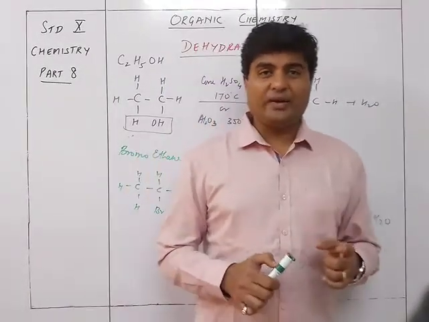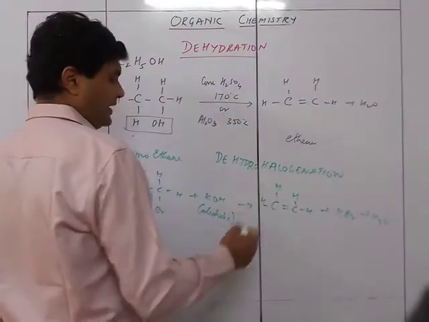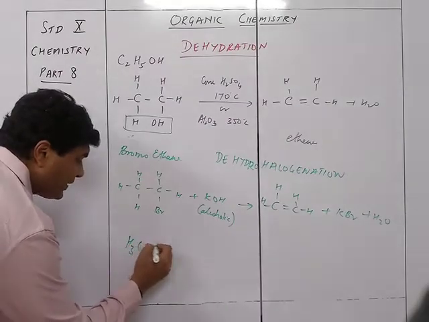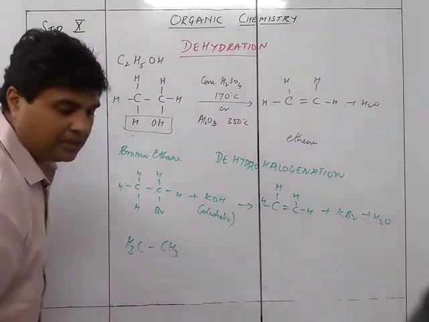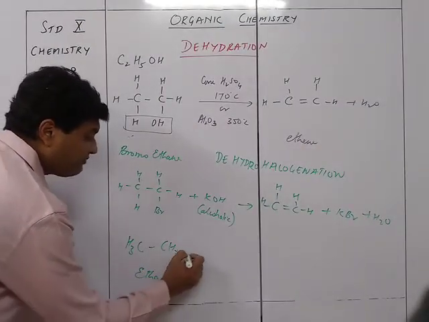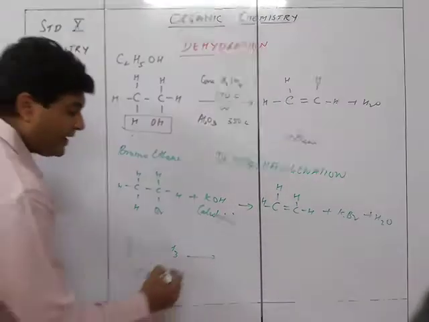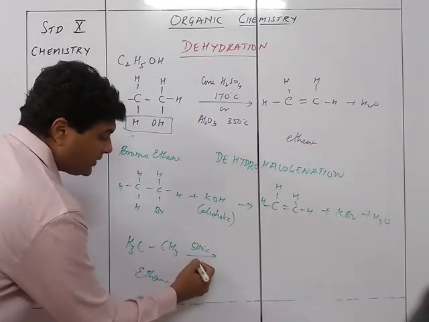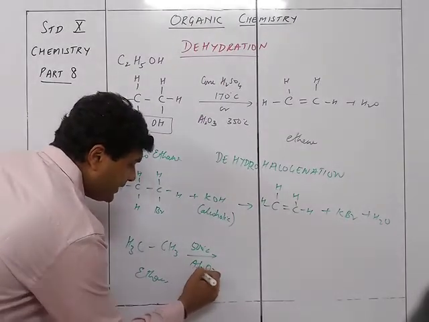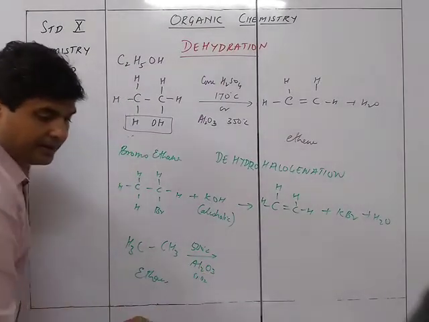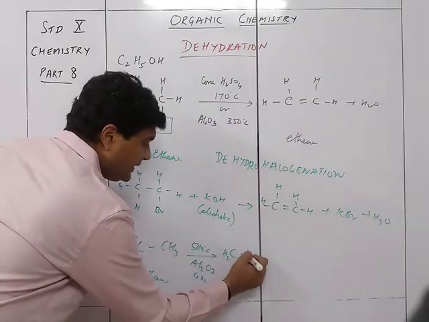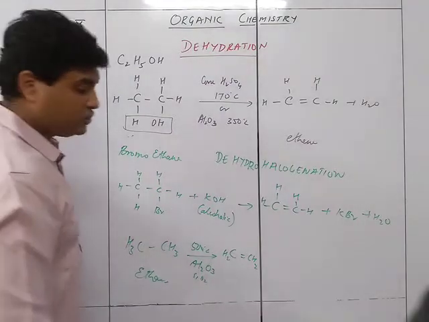So in case of methane, we understood that when we are taking methane, so if I take 2 methane over here, so H3C and CH3, if this is an ethane which I am taking, and if this ethane I am going to heat at 500 degrees Celsius with Al2O3 and SiO2, then it is going to give me CH2=CH2 plus H2.